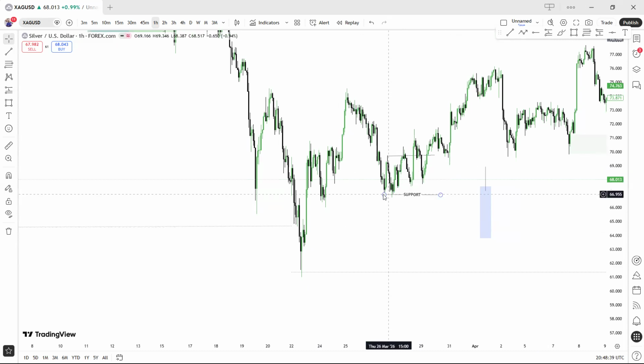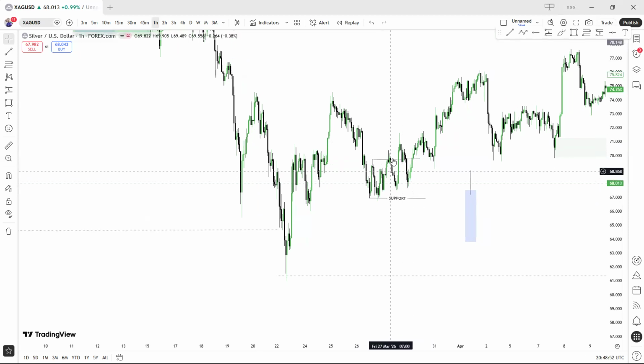So you see the support, it took it out with a wick, but the resistance, it took it out with a body candle. So that shows that it is respecting support more than resistance. And that's why after it took it out, it came back to this accumulation zone.